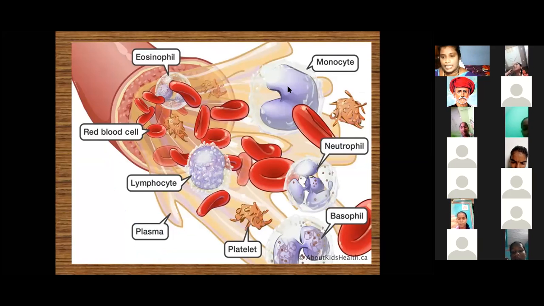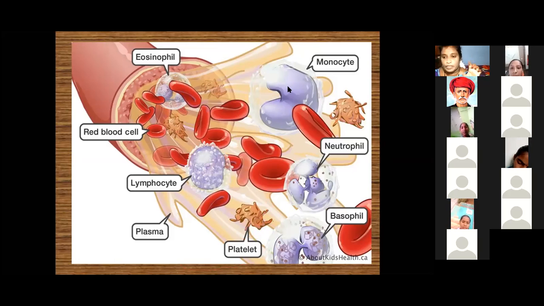The kinds of white blood cells are monocytes, neutrophils, basophils, lymphocytes, and eosinophils. The components, red blood cells, white blood cells, platelets, and plasma, are all produced in the bone marrow.